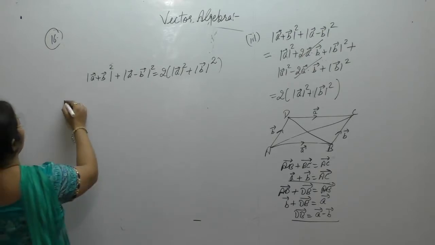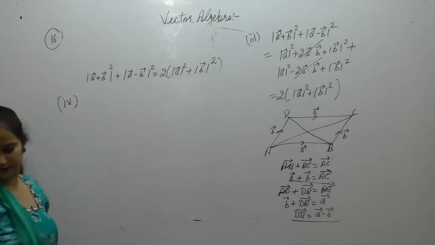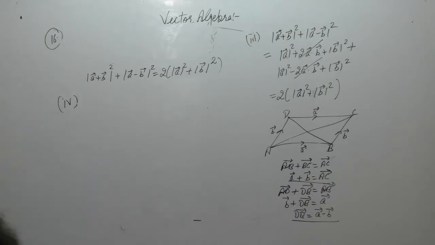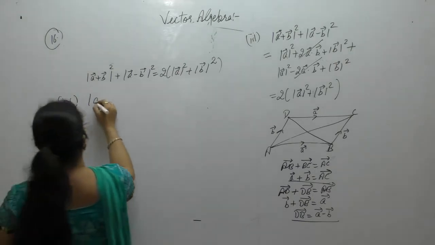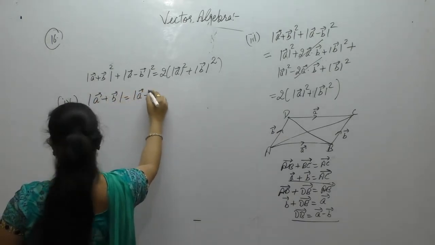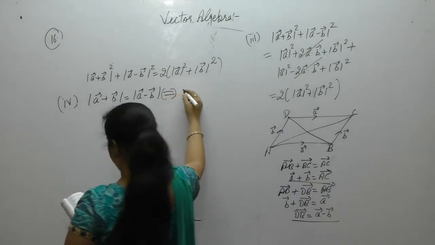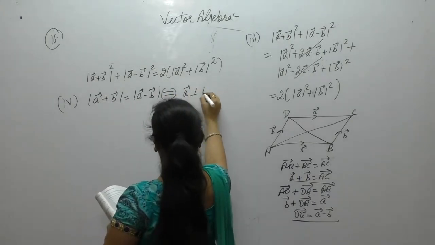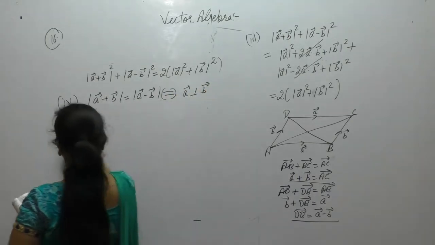Now the fourth part that we want to prove is: modulus of A vector plus B vector is equal to modulus of A vector minus B vector implies that A vector is perpendicular to B vector.